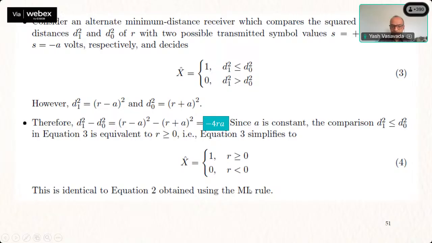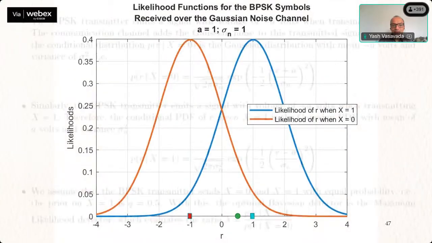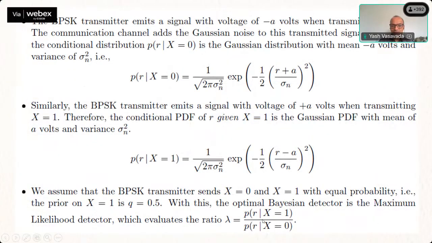We have to use the maximum a posteriori rule. What is the maximum a posteriori rule? Instead of taking the ratio of the likelihood functions, r given x equal to 1 divided by r given x equal to 0, maximum a posteriori maximizes the probability of x equal to 1 given r, basically the posterior on x. When the priors are the same, maximizing the posterior on x becomes the same as maximizing the likelihood ratio, which is the ML rule.